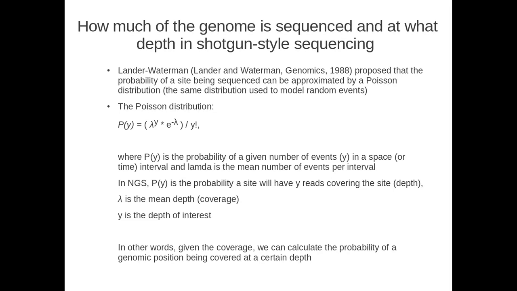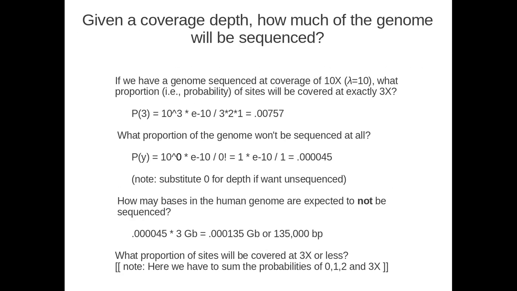And y is the coverage depth that we're interested in calculating, the proportion of the genome that has that coverage depth. So given the coverage, we can calculate the probability that a particular genomic position will be covered by a certain number of reads. That turns out to be a really useful thing.